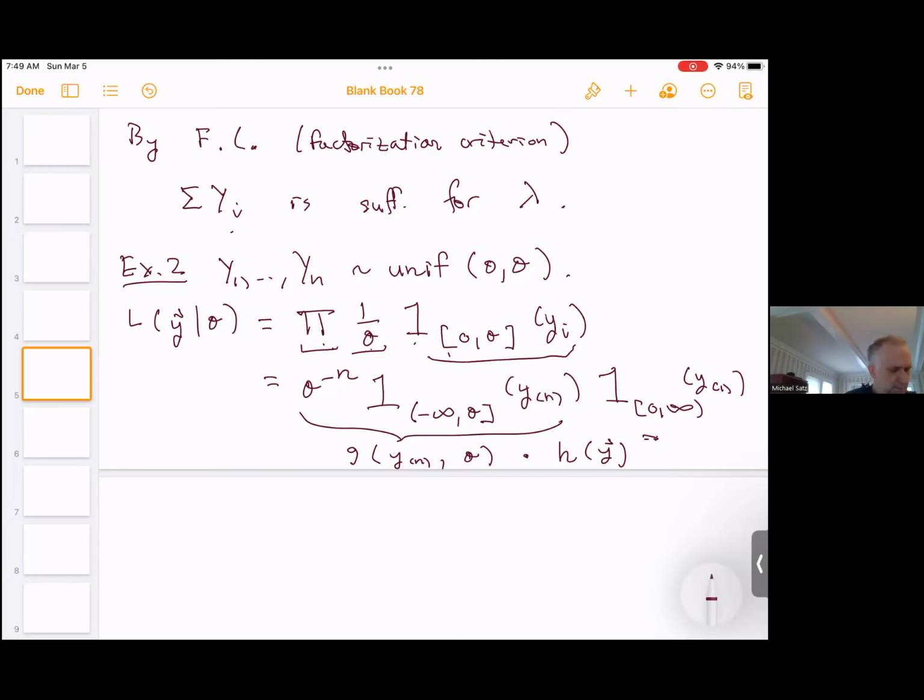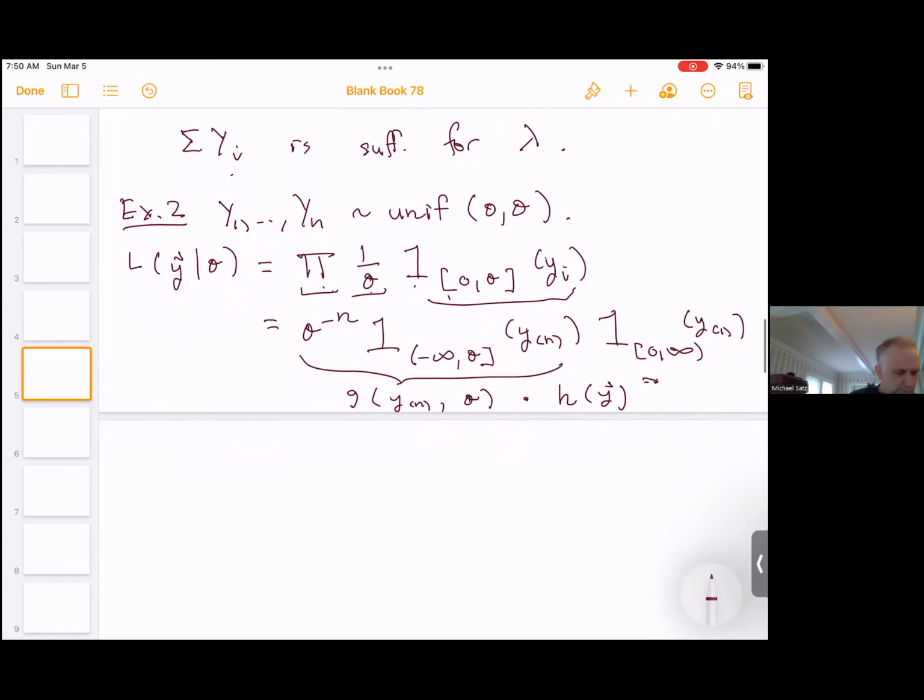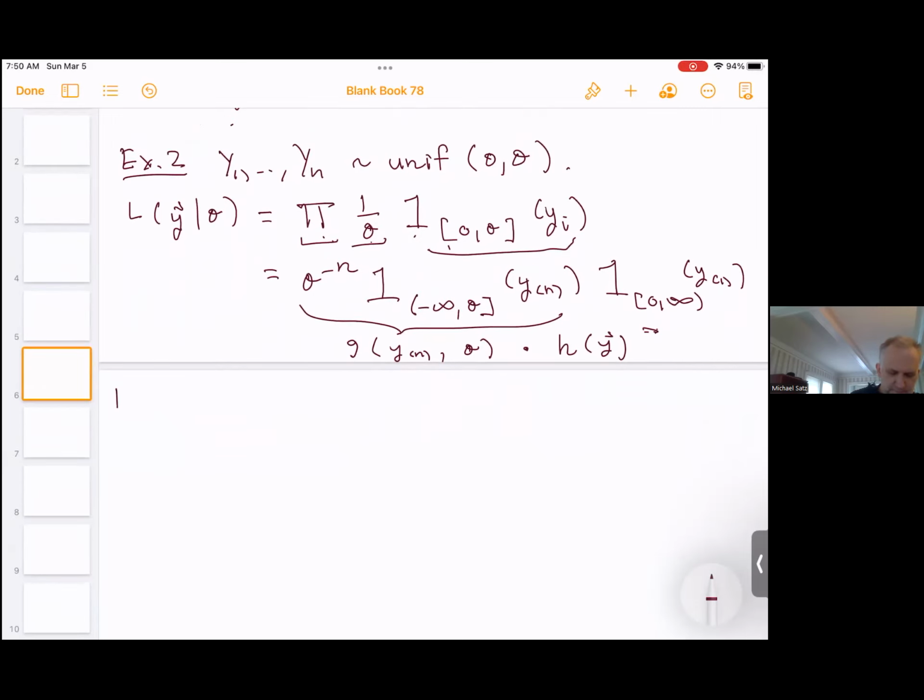Okay, do one more example for this part of this video, and then we'll do a proof. So example 3. Now both the sufficient statistic and the parameter can be vector valued.